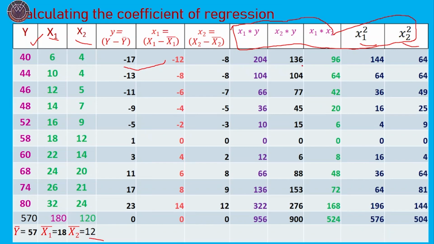So we have obtained this one. We have to obtain the sigma, or summation, value of each column. So we have got 956, this is 900, this is 524, then 576 and 504. We have to use all these values to obtain the values of beta 0, beta 1 and beta 2.